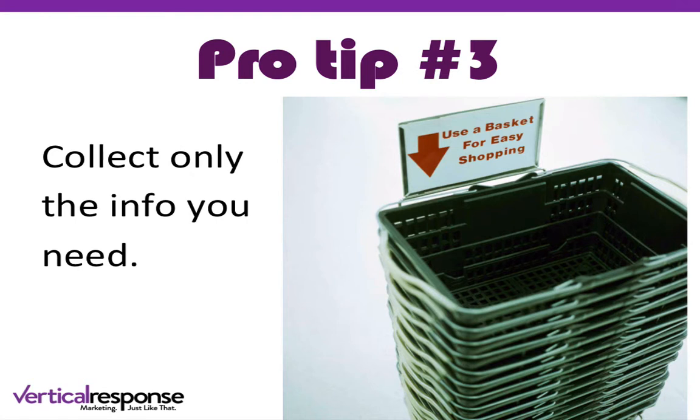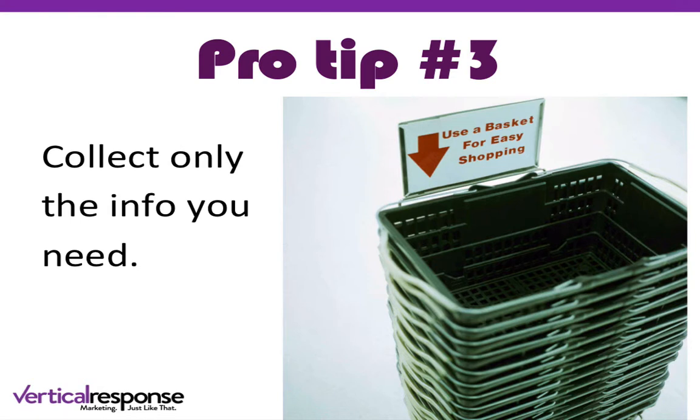So usually I would recommend that you collect the least amount of information that you need. Obviously, you need an email address. I think a first name, sometimes a first name and a last name, are the things that you really need to get somebody on your mailing list. Beyond that, it would be kind of extraneous information. If you need more data at some point, if you want to start creating lists based on geography, people who live in a certain part of the country, you want to target your emails to them, you can ask for that information later.